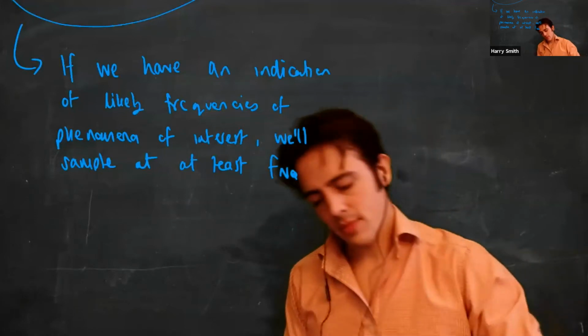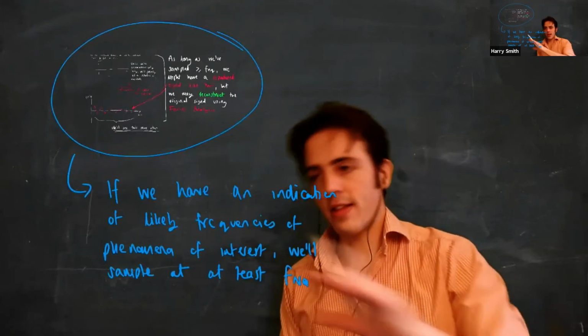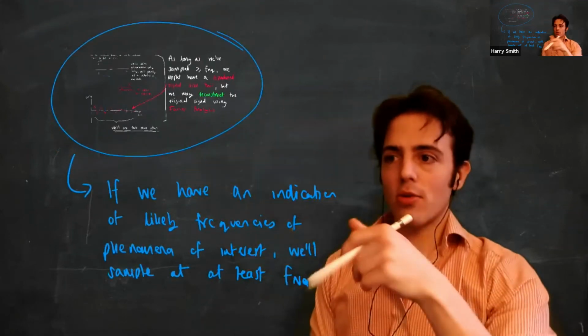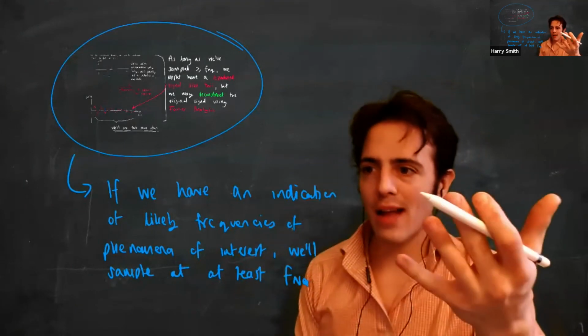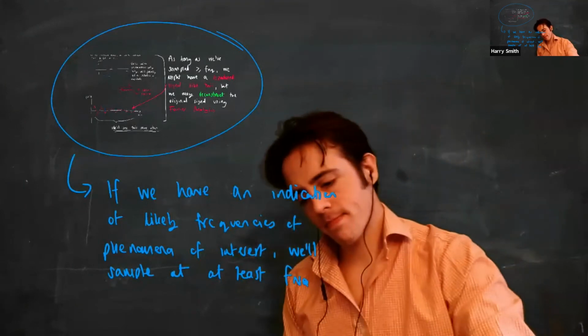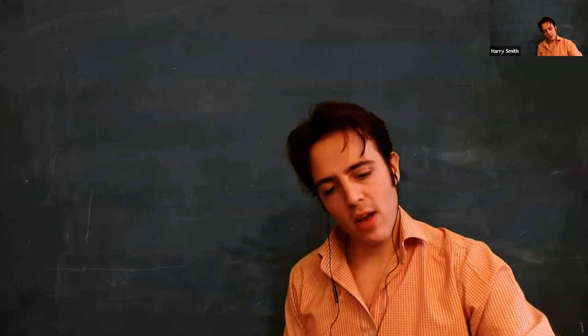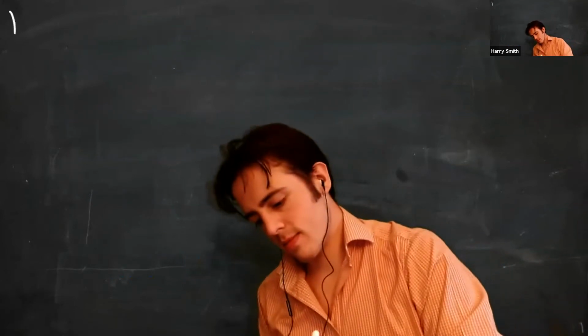Okay? So that gives us this idea of temporal resolution and introduces us to the idea of sampling rate and what impact it has upon our data. Let's see what happens if we sample below the Nyquist rate.